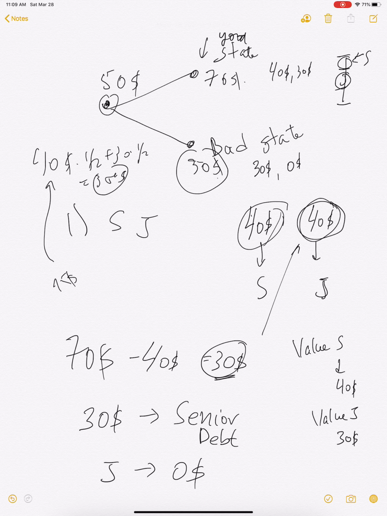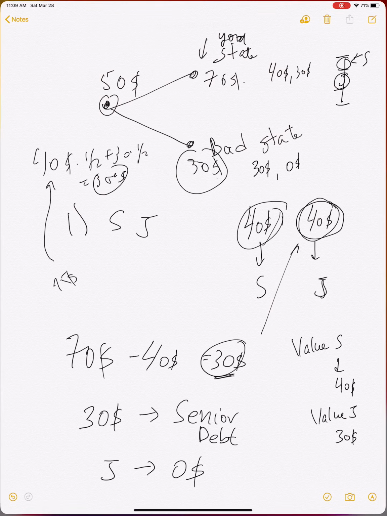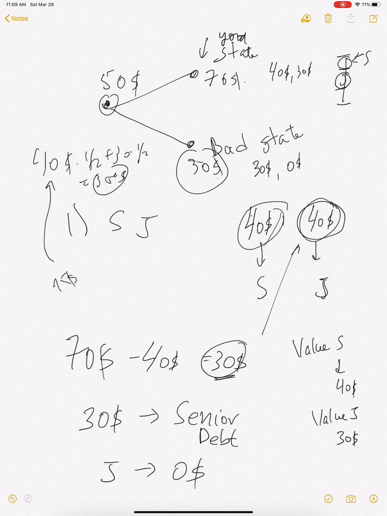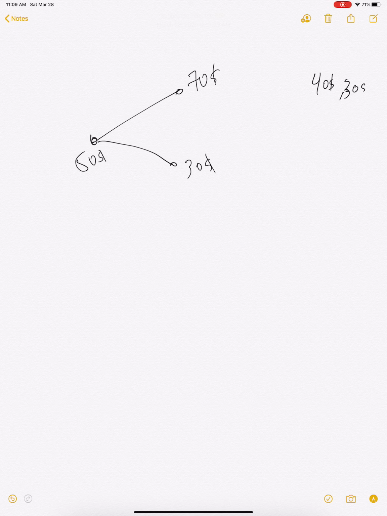All right, so now let's look at another case, the situation where this is $50, this is going to be $70, and this is going to be $30. But now the $40 and the $30 have the same seniority.